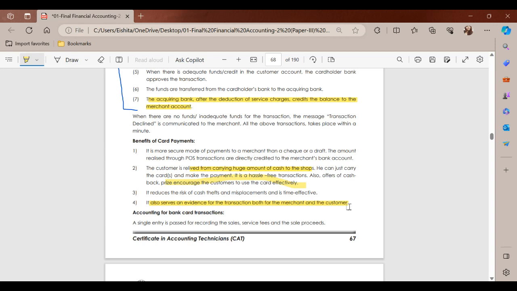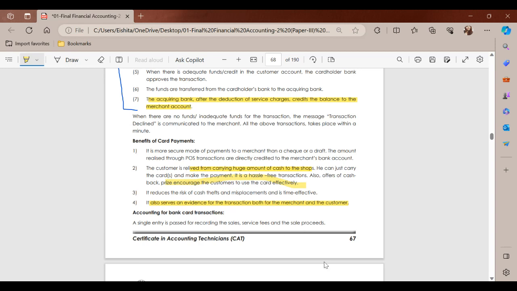Okay. According to accounting for bank and cash transactions, bank transactions will go to the bank and cash transactions will go to the cash. A single entry is passed for recording the sales, service fees, and the sales proceeds.